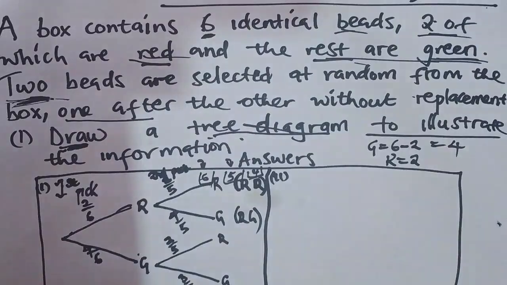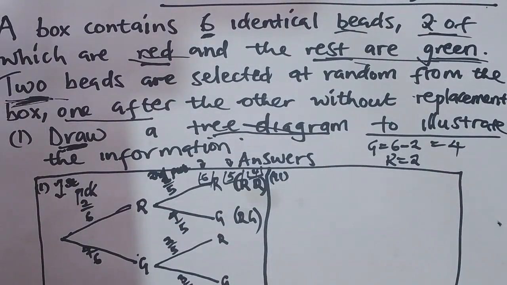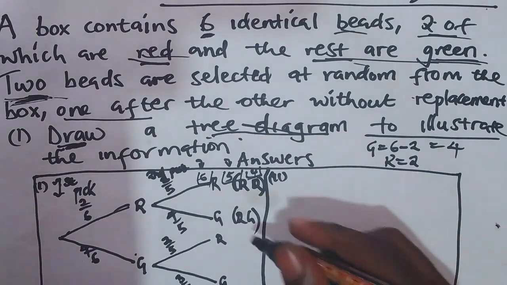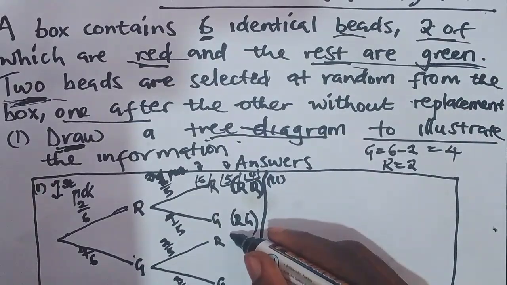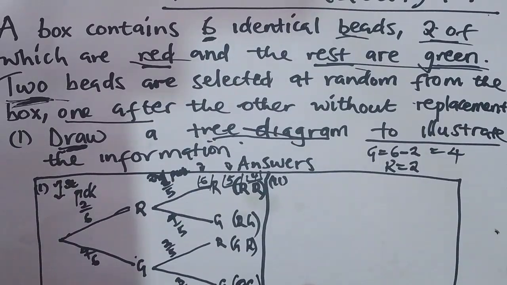This and this, you should get 1. This and this, you should get 1. That's the way probability works. It is always out of 1. So here it's green.